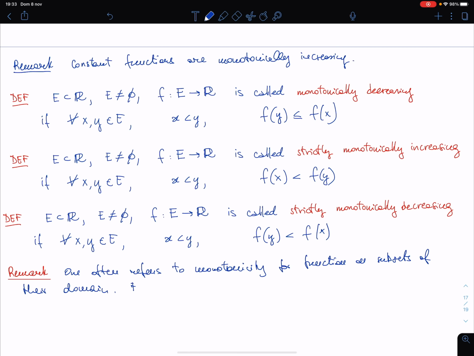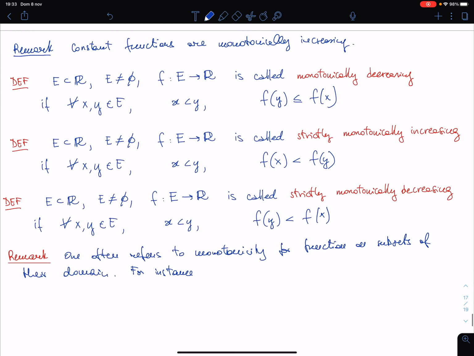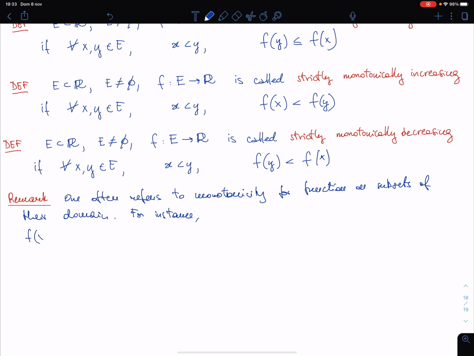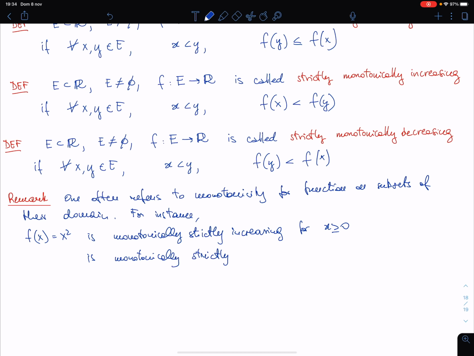For instance, let us take the very well-known parabola. f of x equal to x squared is monotonically strictly increasing for x larger than 0, and f of x equal to x squared is monotonically strictly decreasing, or you can also include 0 here, for x less or equal 0.